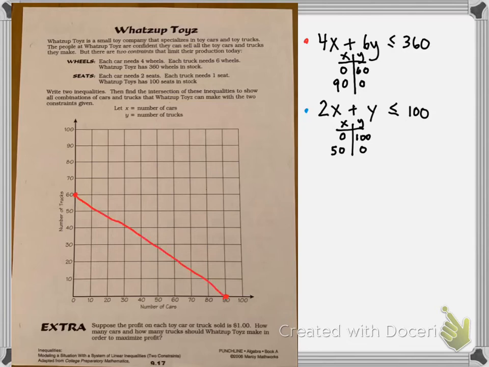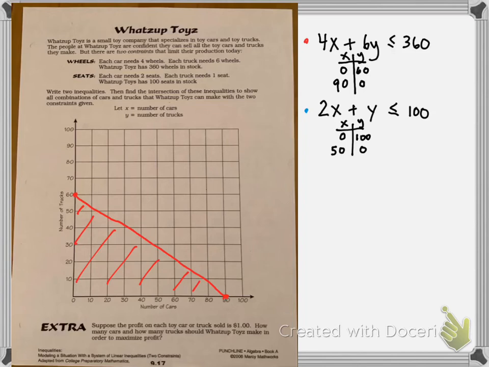All right, notice it is solid because it is a less than or equal to. So when I graph that, I have to shade now, I'm going to shade below. All right, so I'm going to now graph the second inequality, the 2x plus y is less than or equal to 100.